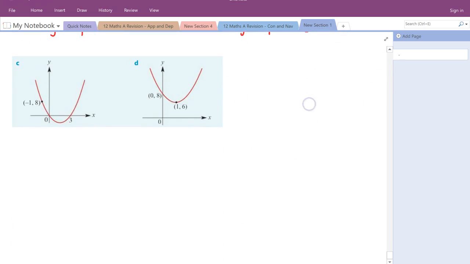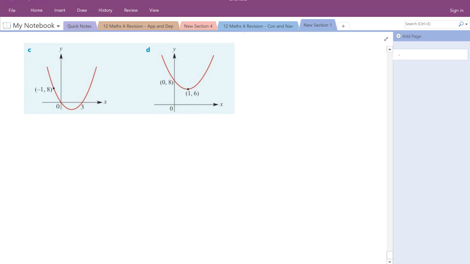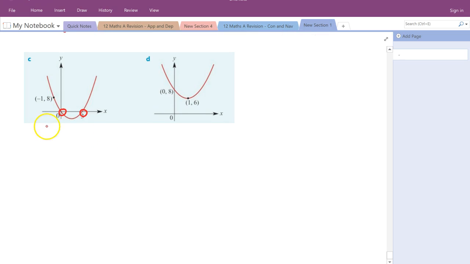The next one. This time, it doesn't identify the turning point, but it does give us the two solutions, or the x-intercepts, which are x equals 0 and x equals 3.